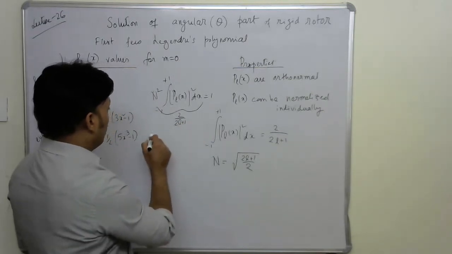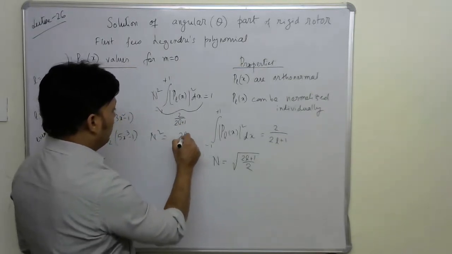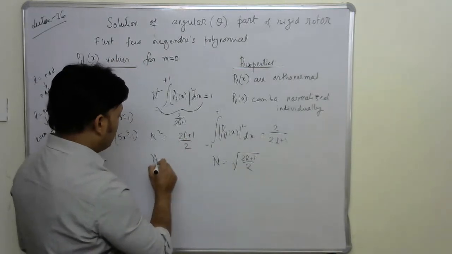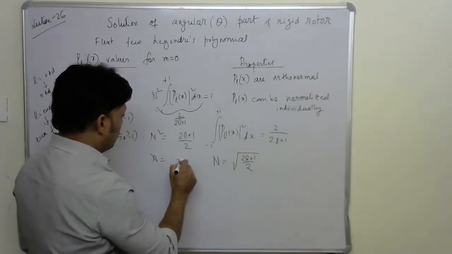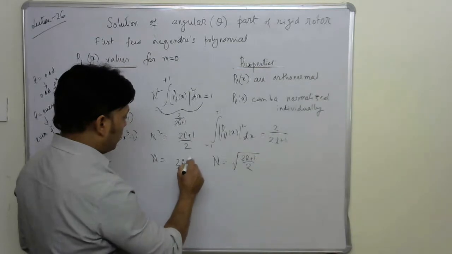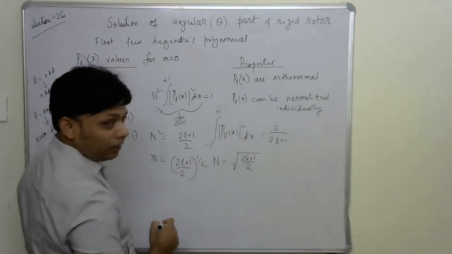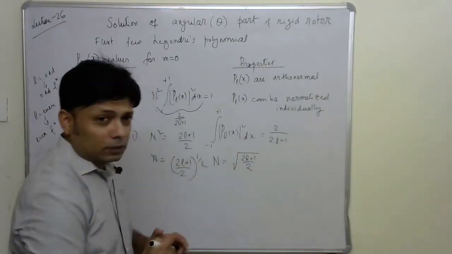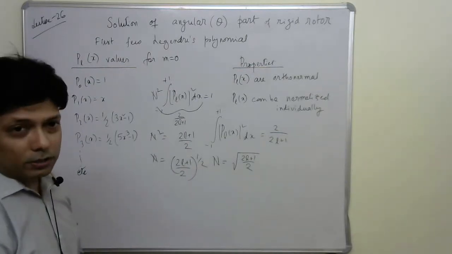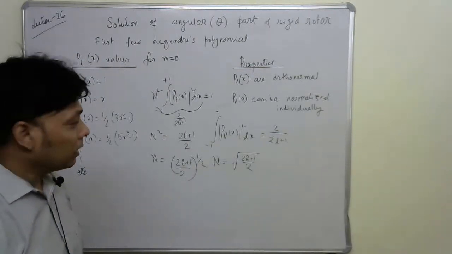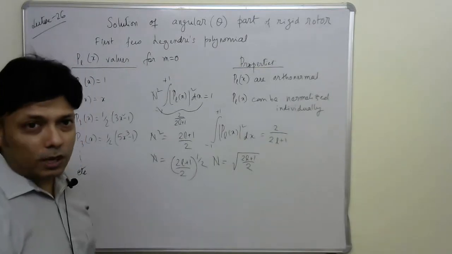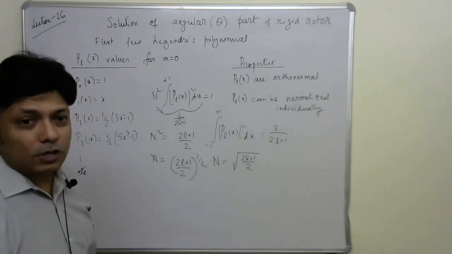Therefore N squared should be 2l plus 1 divided by 2, and N should be 2l plus 1 divided by 2, whole root over. Alright, this is how we can calculate the normalization constant. Sorry about that mistake. Anyway, let's move on to the associated Legendre's polynomial.